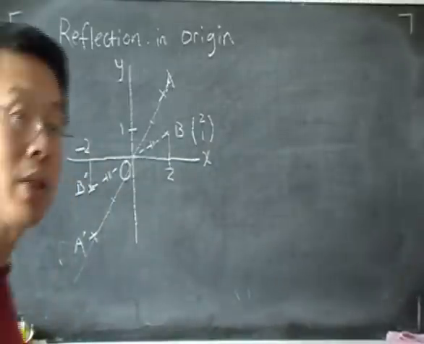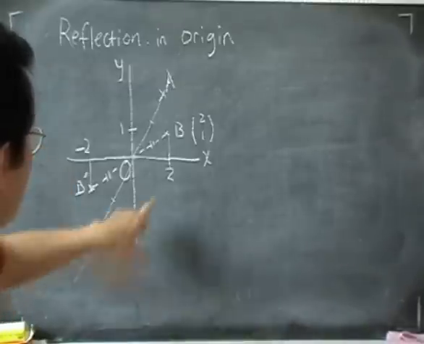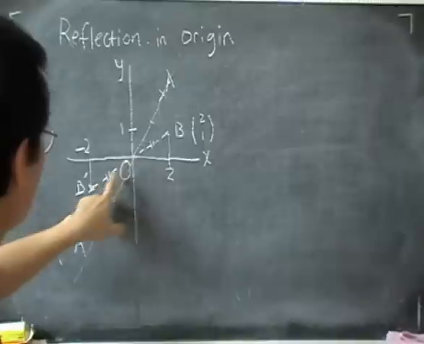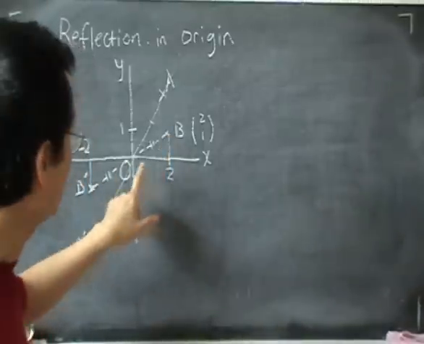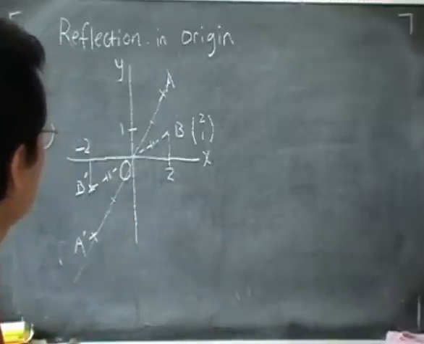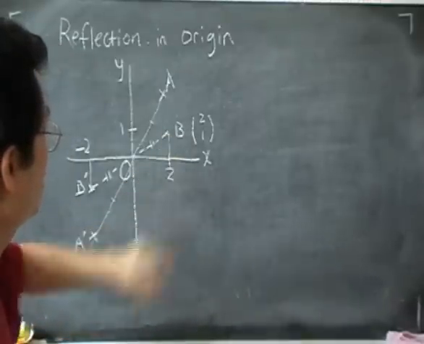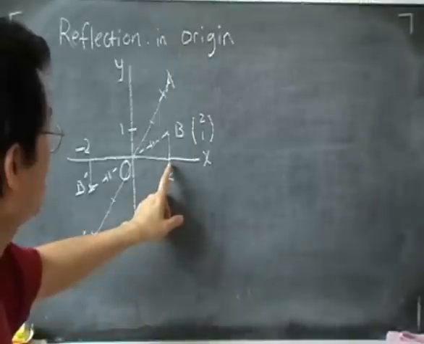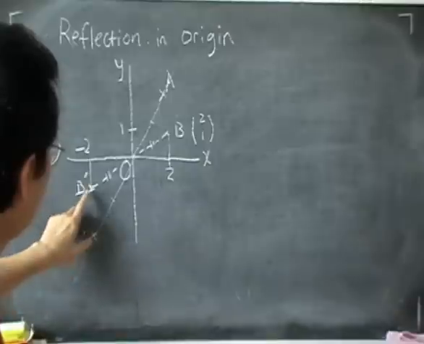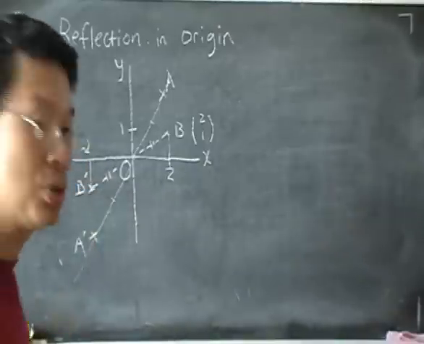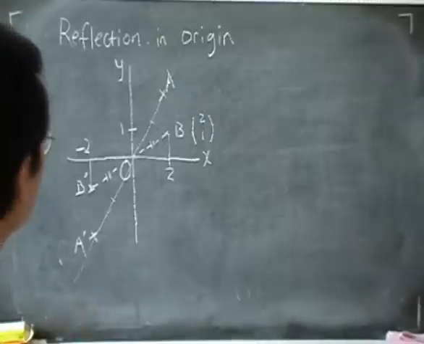Well, actually we can make it easier. We don't have to think of a triangle. If B prime is the same distance from O as B is from O, then the x value of B must also be the same distance from O as the x value of the image, because it's symmetrical.